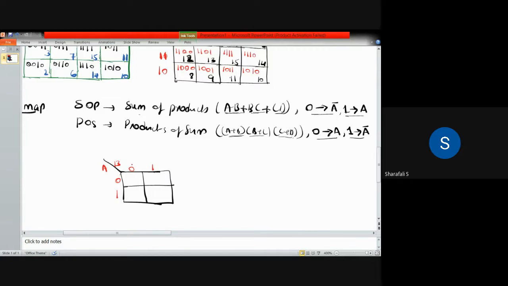So here, if I am using SOP form, sum of product, my zeros are represented by A bar. So here this 0 means this is A bar. This 0 means this is B bar. Here it is B bar, this is A bar. If you are using SOP form, we can write this address as A bar B bar.